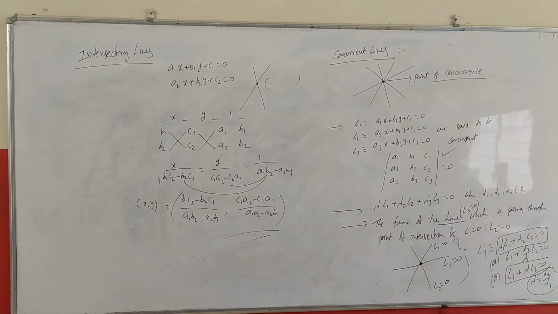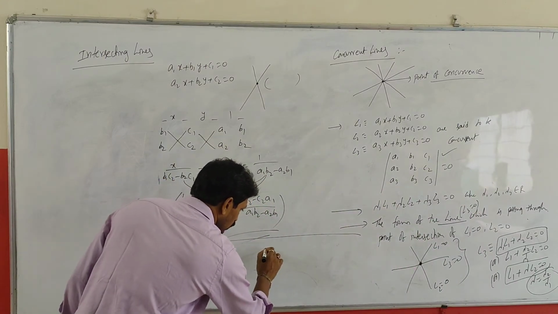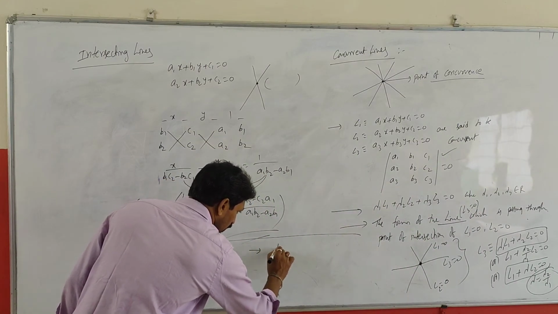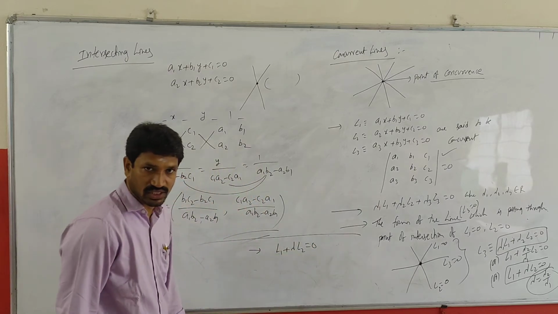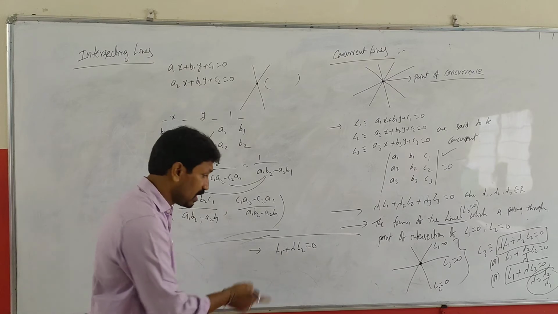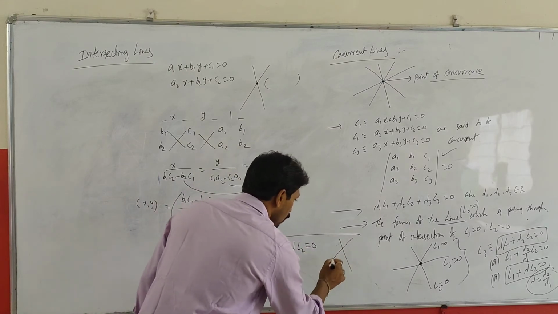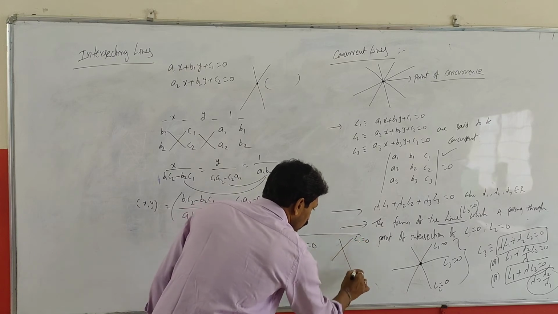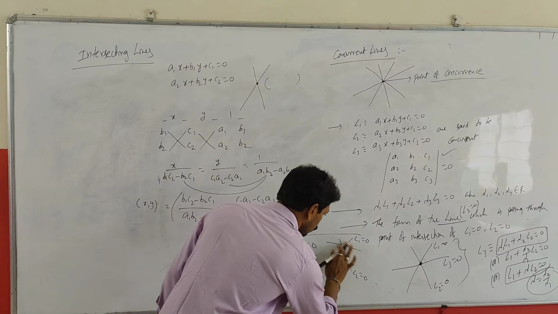Parameter means real number. For different values of lambda, suppose L1 plus lambda L2 is equal to 0. If you take this, it is any line. This line is always passing through the point of intersection of L1 is equal to 0, L2 is equal to 0.